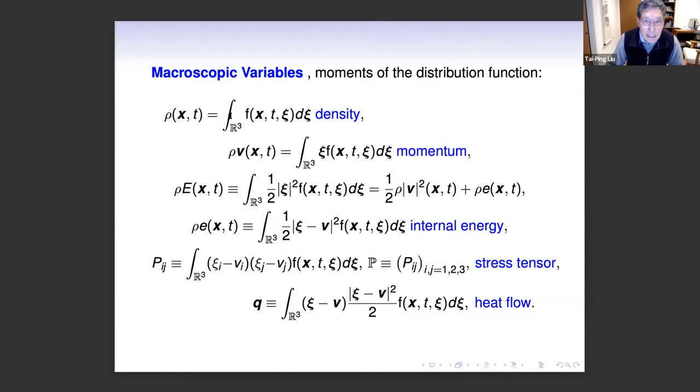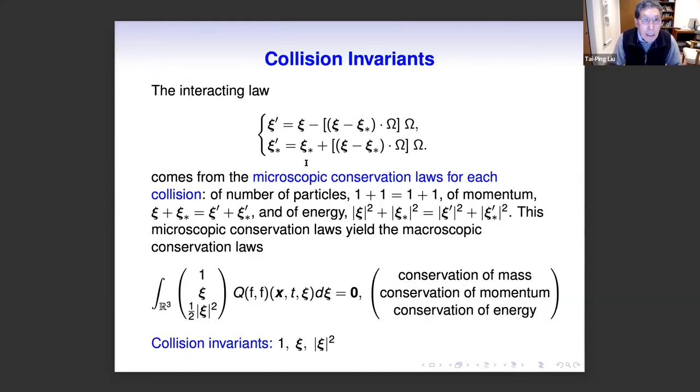So all the gas near there, and then you have momentum, internal energy, stress tensor, heat flow. Those are macroscopic variables, and they are functions of x and t because you integrate out the microscopic velocity c.